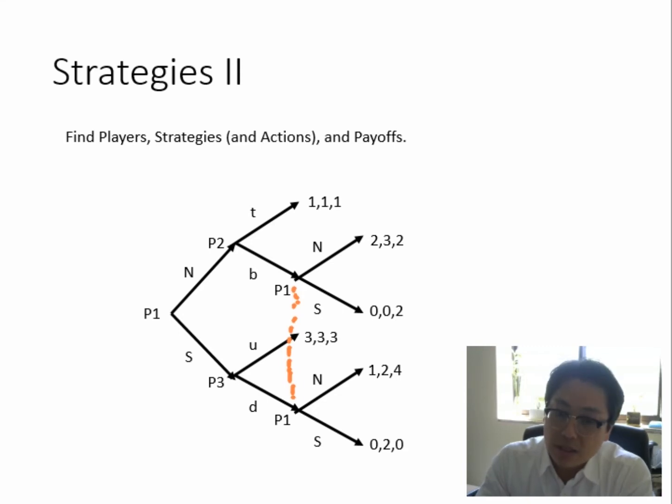If I'm connecting these two nodes, it means the first player cannot distinguish where the player is between this and this. That is the function of an information set. Okay?